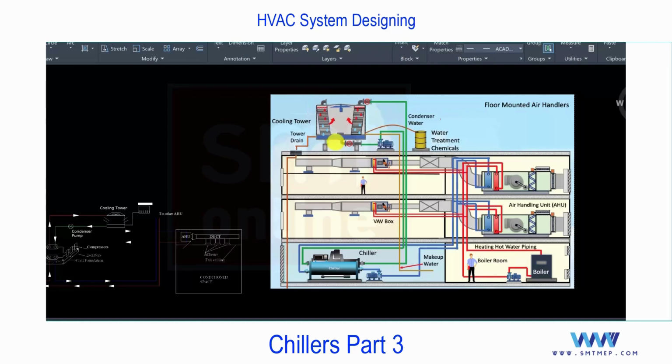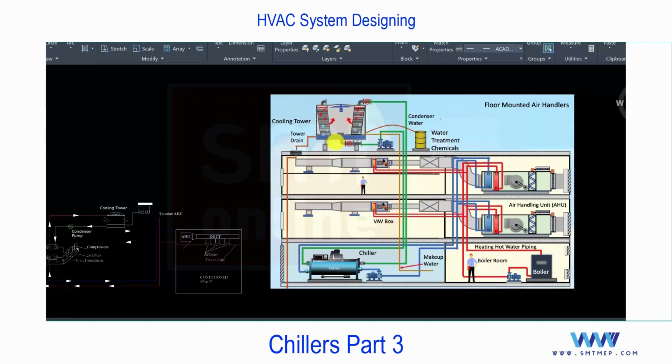How exactly the cooling tower works, that also we'll discuss. But you see, this water which is used to cool the refrigerant is going to be cooled back by using this, and for that we require a separate cycle and separate pump. So this complete circuit is a condenser pipe with a separate pump.